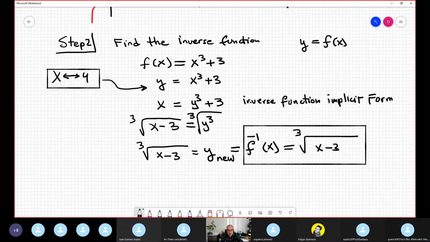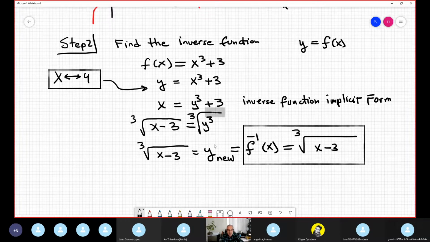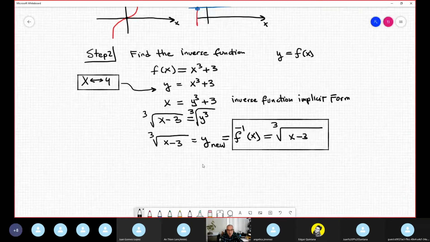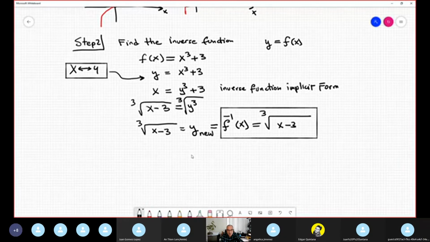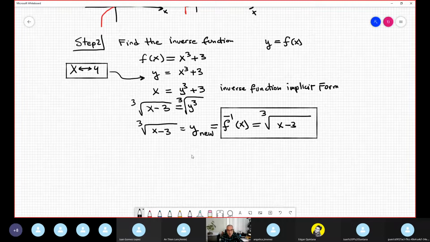That makes sense, because remember the idea behind inverse function is opposite direction. In the original equation, the thing we are doing is compute the cubic root and plus 3. And this is completely opposite: subtracting 3 and finding the cubic root. This is the formula of the inverse function in this case.